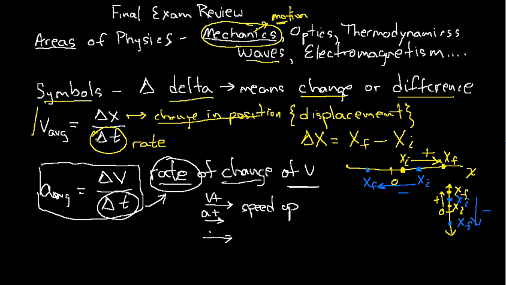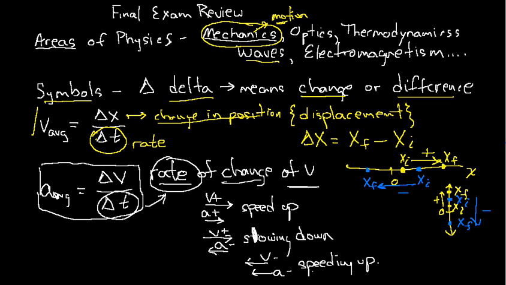If our velocity was positive and our acceleration was negative, so here velocity is in the plus direction, acceleration is in the minus direction, then we'd be slowing down. If our velocity is in the negative direction and our acceleration is in the negative direction, then we're speeding up again.